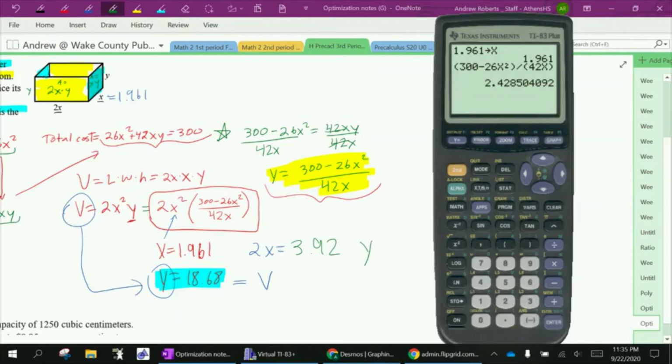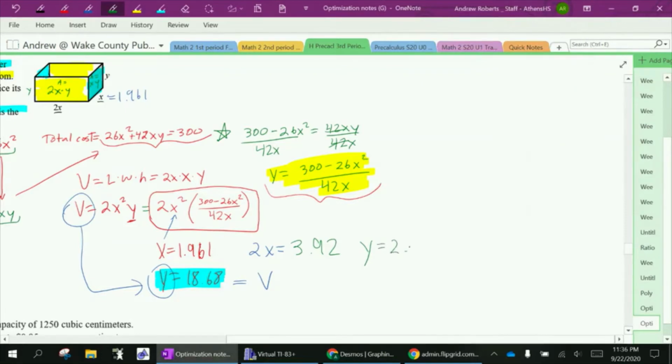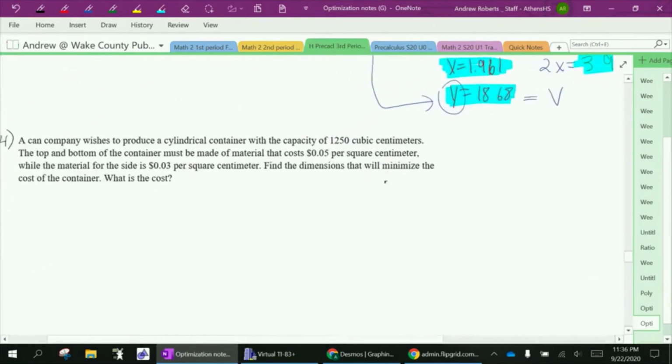I get 2.43. So I have my dimensions, 1.961, 3.92, 2.43, which is kind of my height, and I'm done. Okay. Next problem here.